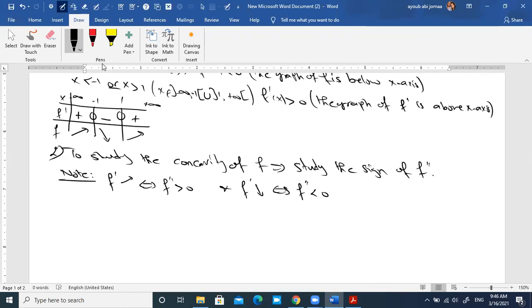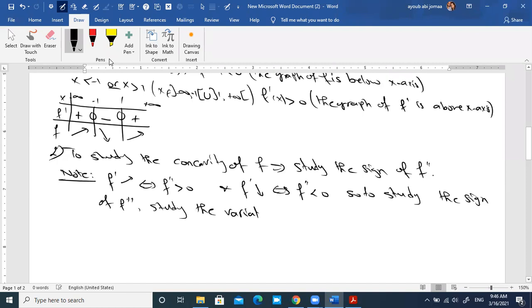So to study the sign of f double prime, study the variations of f prime.